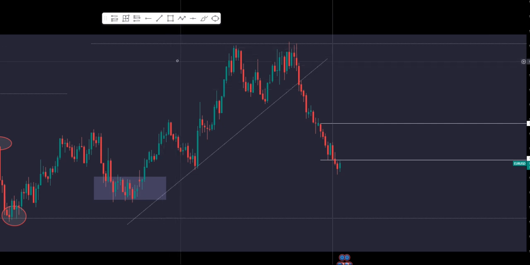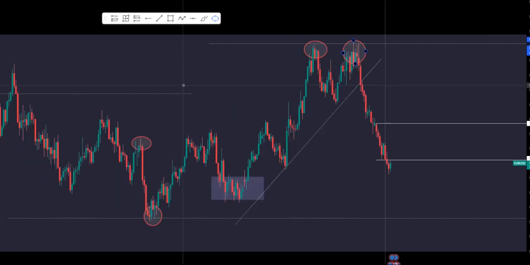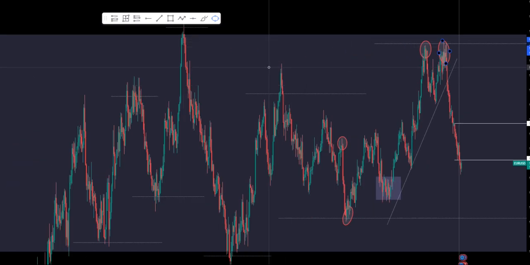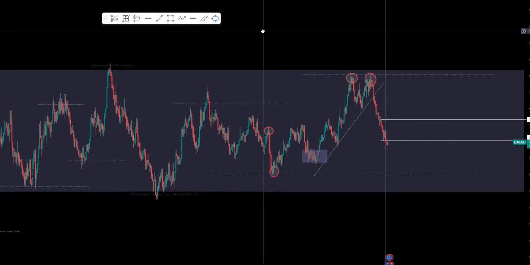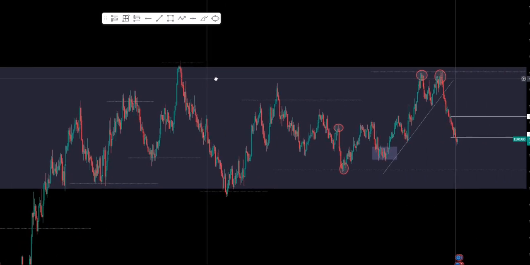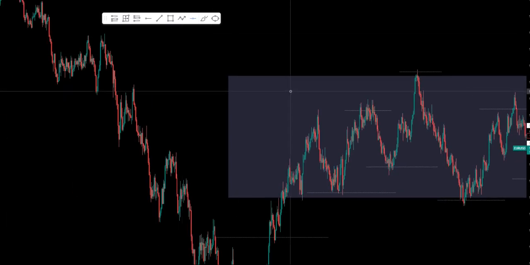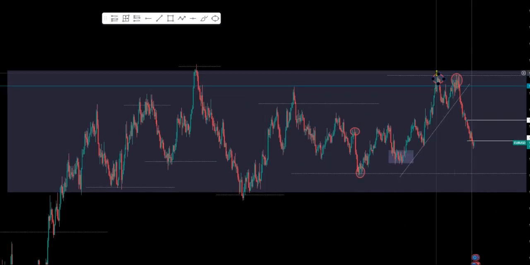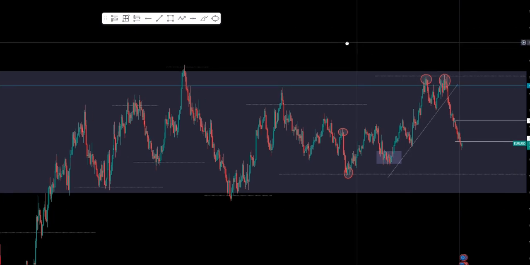and when price came to this area right here, it failed to break and make a new high. Okay, it was a strong area, and based on the market levels, the price reached a very strong level, which is this one, and failed to make new highs.